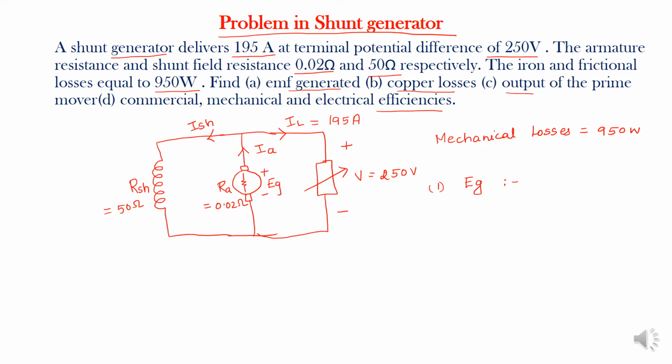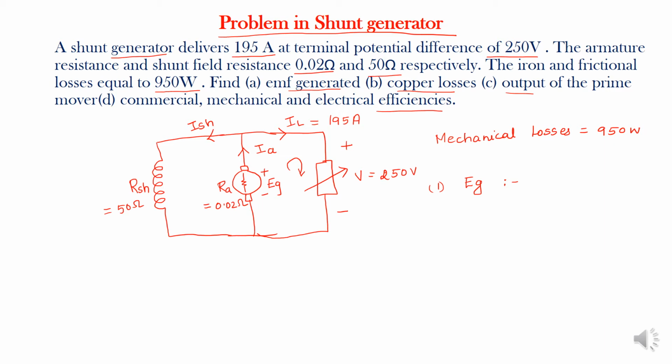Okay, see here. First of all, we are going to find out the EMF generated. For this, I am going to apply Kirchhoff's voltage law in this closed loop. In Kirchhoff's voltage law, what is the equation?